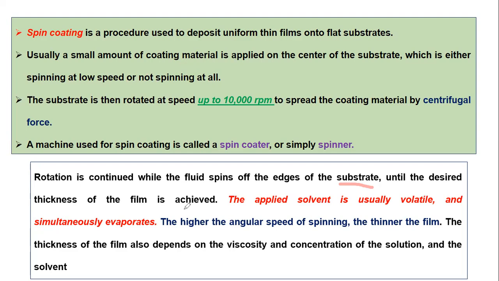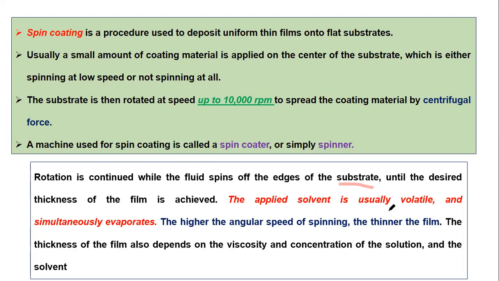For example, if we are planning to deposit a 10 nanometer to 100 nanometer thickness of the solution onto the substrate, you have to rotate the machine very fast. As per your choice you can continue that rotation. The applied solvent is usually volatile.